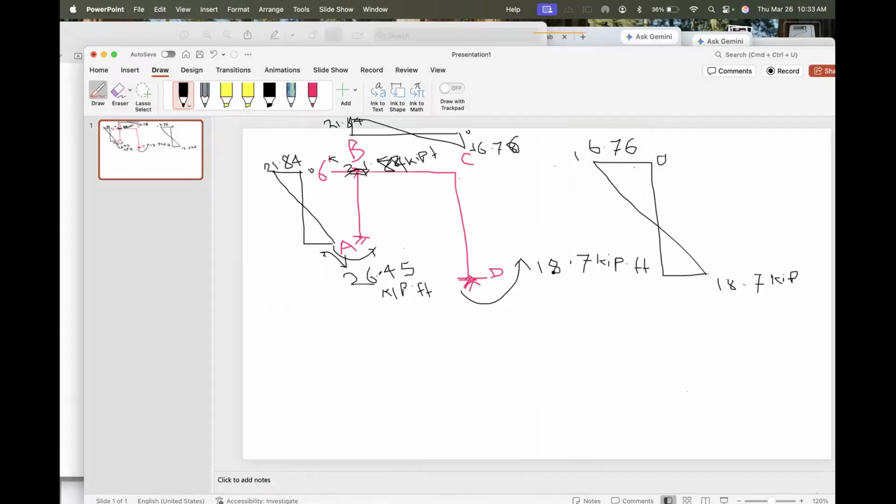Now you have a frame, just draw the moment diagram. Don't need to draw the shear force diagram because I already have everything, and using those values, I can draw the moment diagram. Okay. So that's the end for today's class and chapter 10.